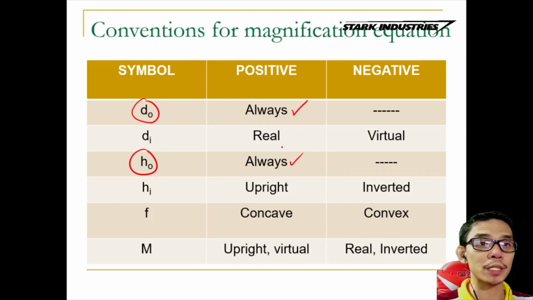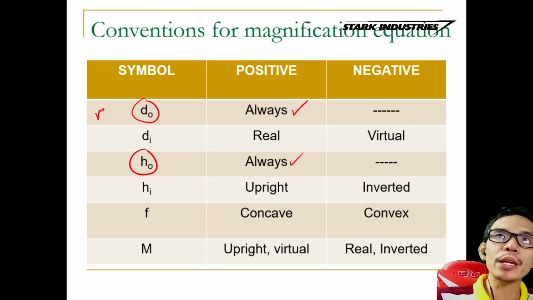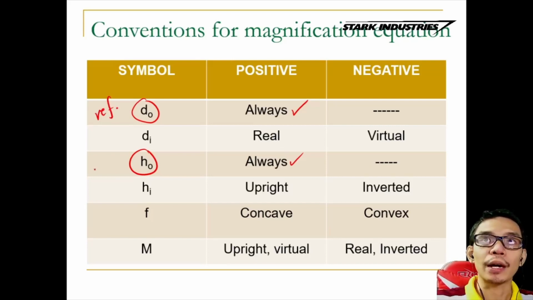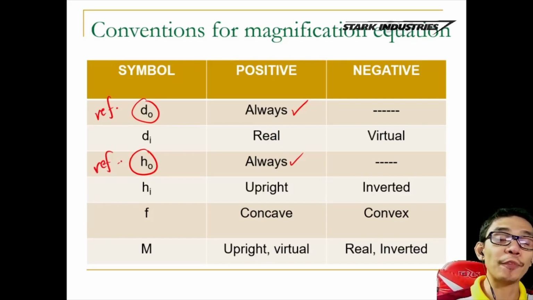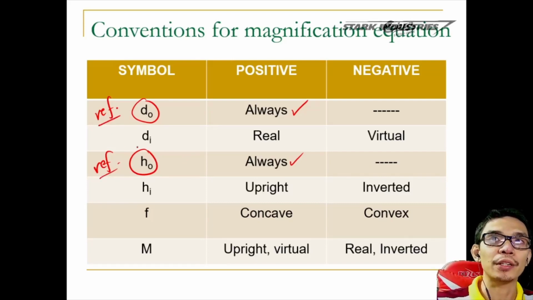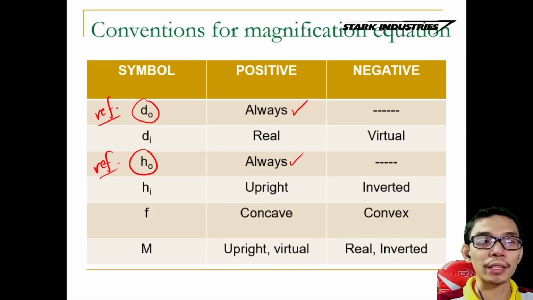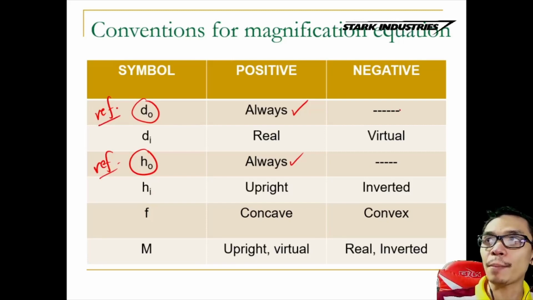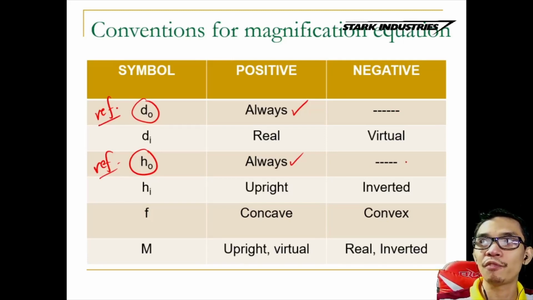Why are they always positive? Because this one is for your reference. There's no such thing as a negative distance, and there's no such thing as a negative height. This is the real thing, so it is always positive. They do not have a negative version.